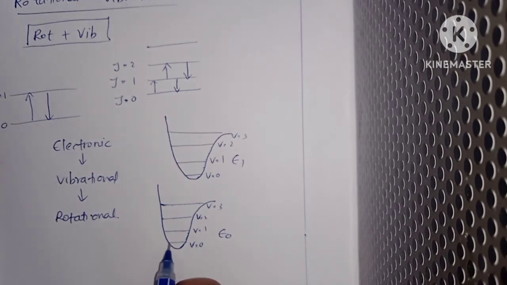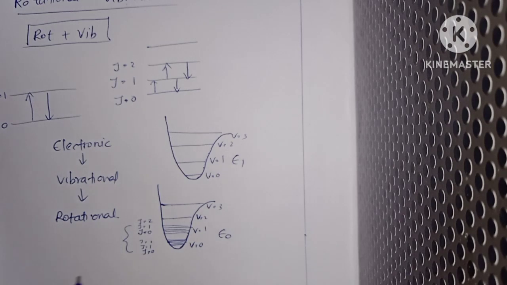Coming to the rotational energy levels, they are again more closely spaced, meaning their energy spacing is much smaller. That means each vibrational level can be again divided into many rotational energy levels. So here we can see many rotational energy levels, say J equal to 0, J equal to 1, J equal to 2, etc. And this other vibrational level is again divided into many rotational levels, say again J equal to 0, J equal to 1, J equal to 2, etc. To distinguish these two sets, this is a lower set and this is a higher set of rotational levels.